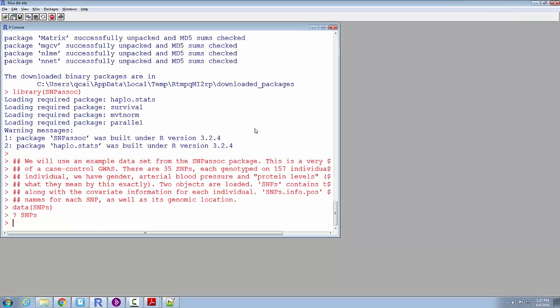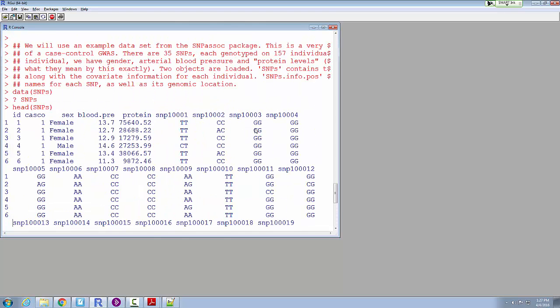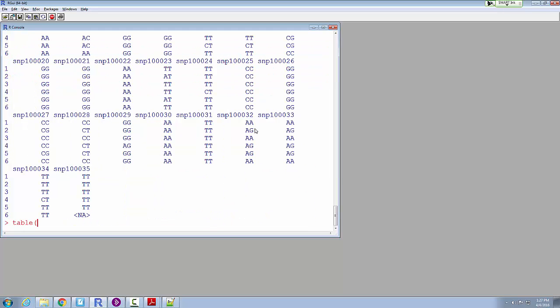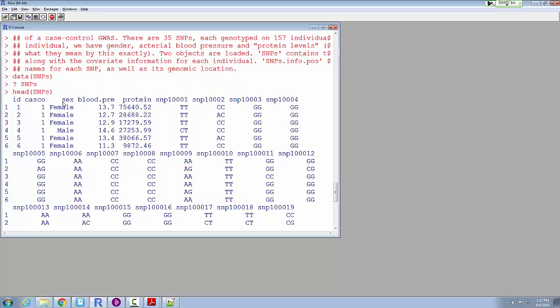Here's what the SNP data look like. We have individuals in the rows. We have 157 individuals. I have a caseCo variable, that's case control status. Let's look at how many of each we have. Table, SNPs, caseCo. So we have 110 cases, we have 47 controls. For each individual, we have gender, blood pressure, protein, whatever that is, and then all of our SNPs.